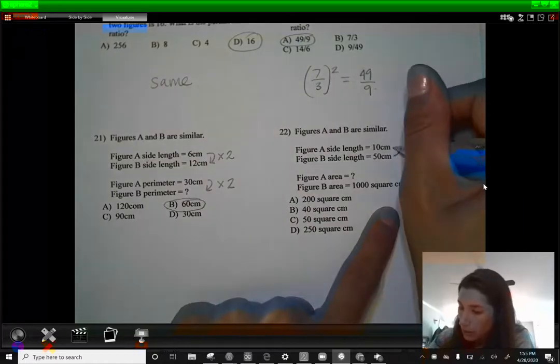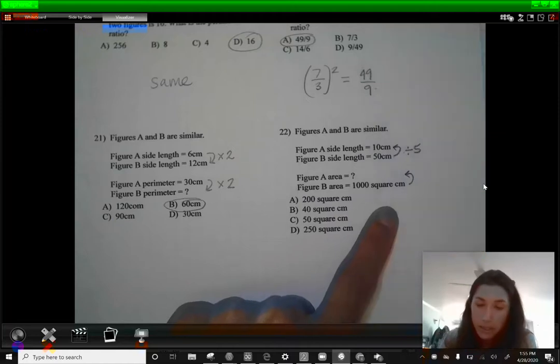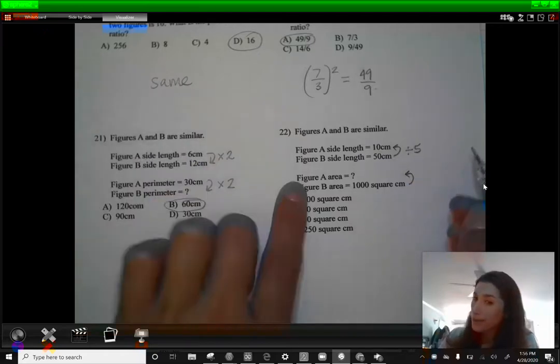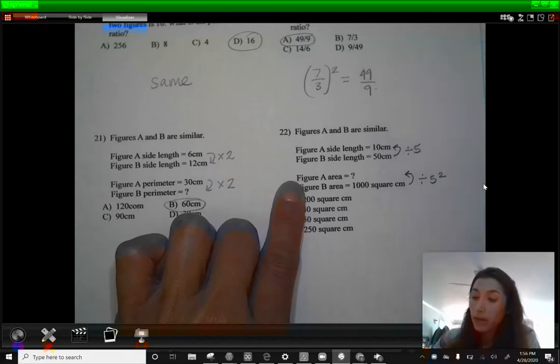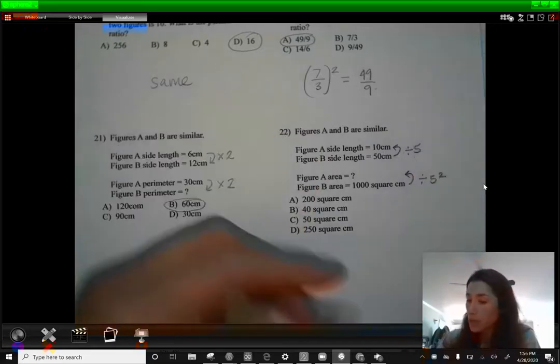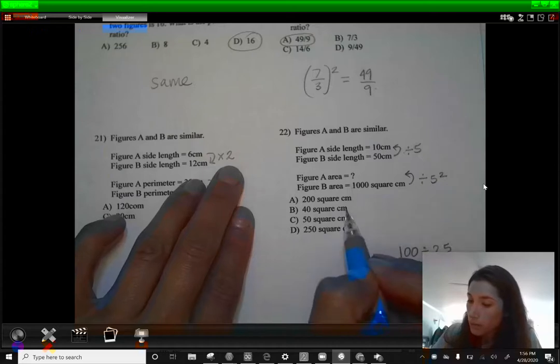So 50, we're actually dividing by 5 if we're going backwards instead of multiplying. But that's for a side length. So for area, we can't just divide by 5. We actually need to divide by 5 squared because the area ratio is whatever a squared version is of that. So we're going to take 100, we're going to divide it by 5 squared, which is 25, and that should give us 4.